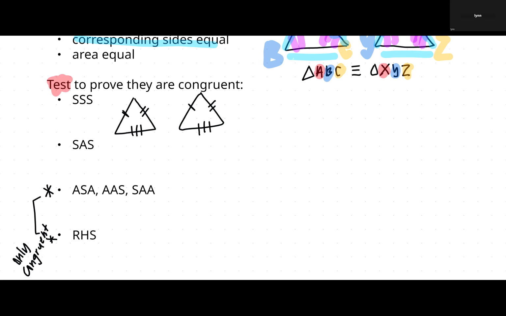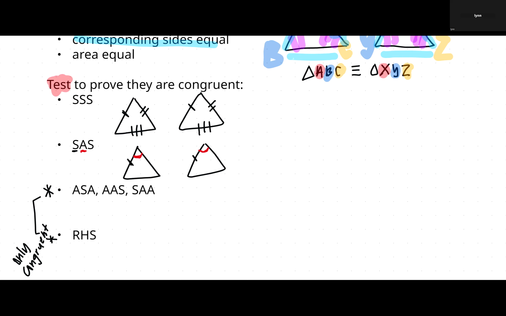Now, what about SAS? You need to be very careful with SAS because SAS has an order. I repeat again, SAS has an order. It means who must come first? The side. So this one side, and then next is the angle. Can you see that the angle is in between the two sides? If I choose this as the angle, the next side I choose must be beside the angle.